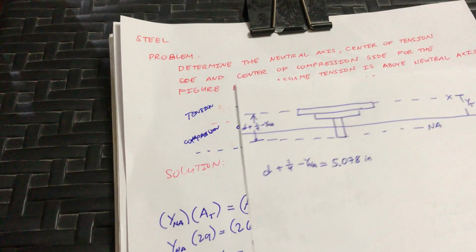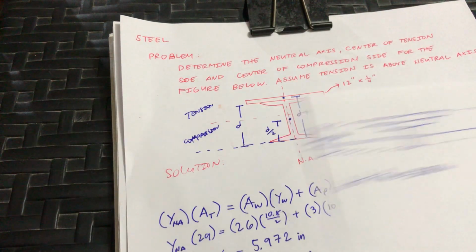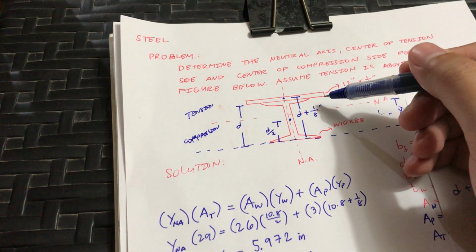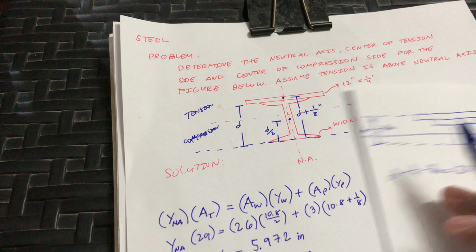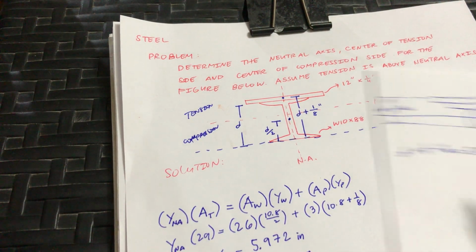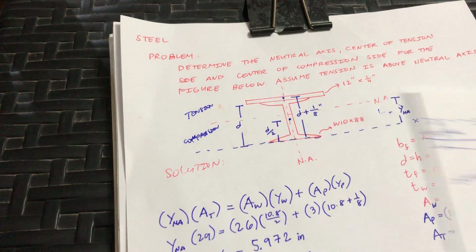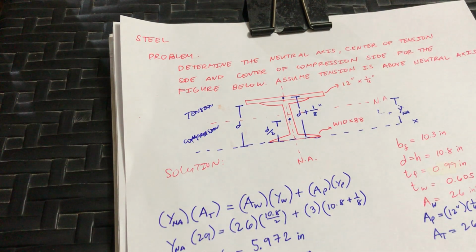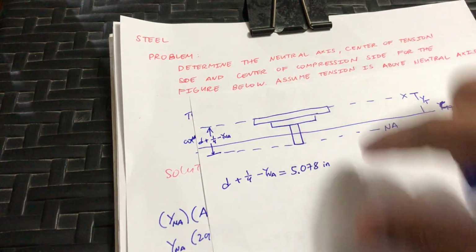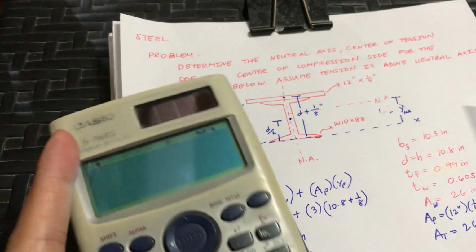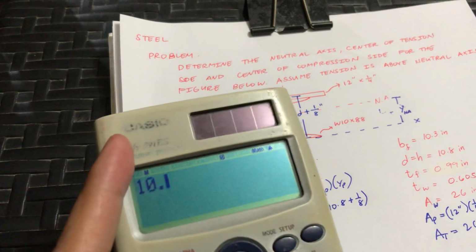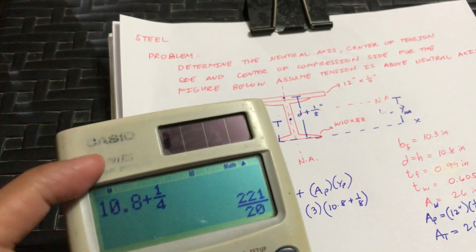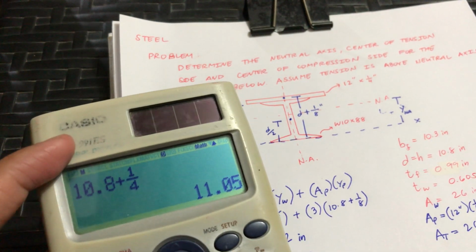Okay. Just checking, if we add the D and the thickness of the plate, it should be equal to the YNA plus this value. So basically, this is the YNA, and this top side is this one's top side. So let's check. D is 10.8 plus 1/4. The answer is 11.05.